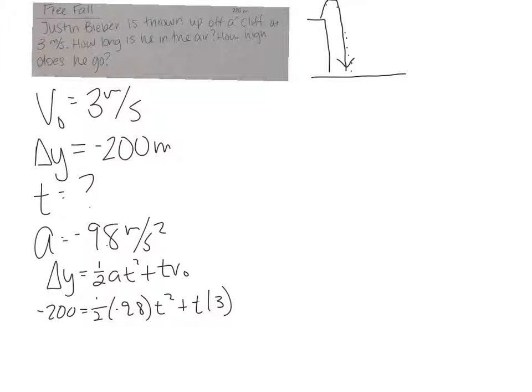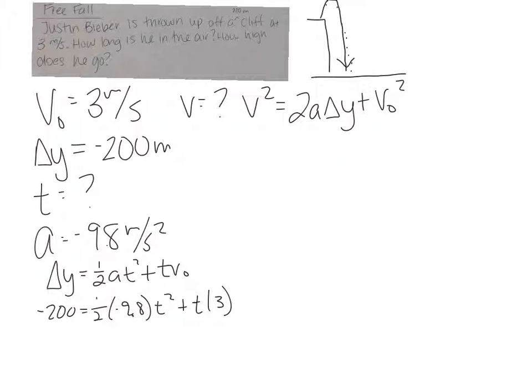All right, so we've run into a quadratic, right? I've got time squared and time. The only way to solve this is to either use another equation, solve for final velocity, or to do a quadratic. So let's find the final velocity. His final velocity is question mark. We can do v squared equals 2a delta y plus v naught squared.